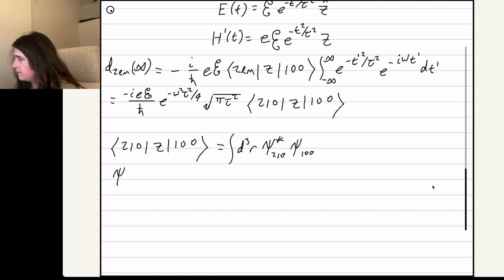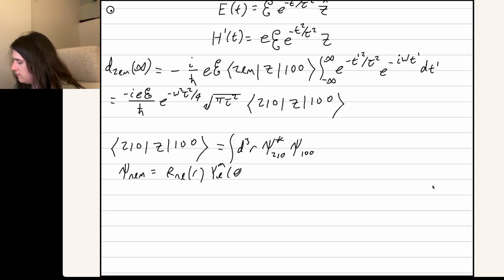Those wave functions are defined for the hydrogen atom like this: psi_nlm equals R_nl of r, that's the radial component, and then a spherical harmonic Y_lm of theta and phi.